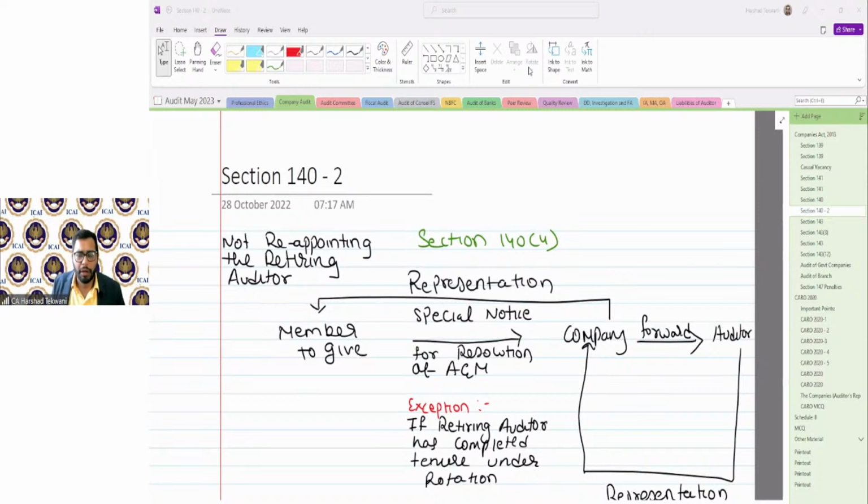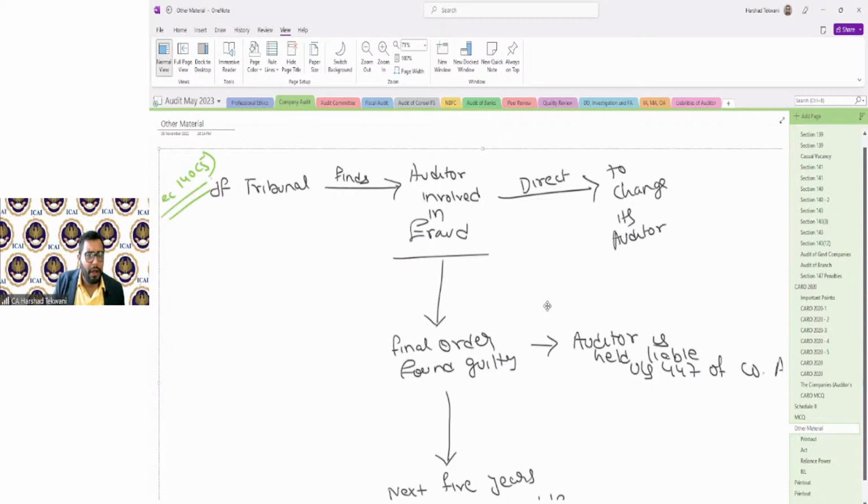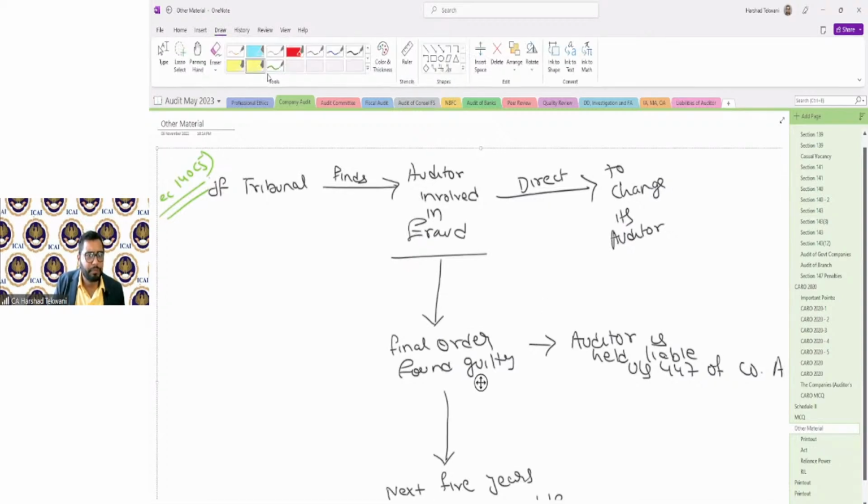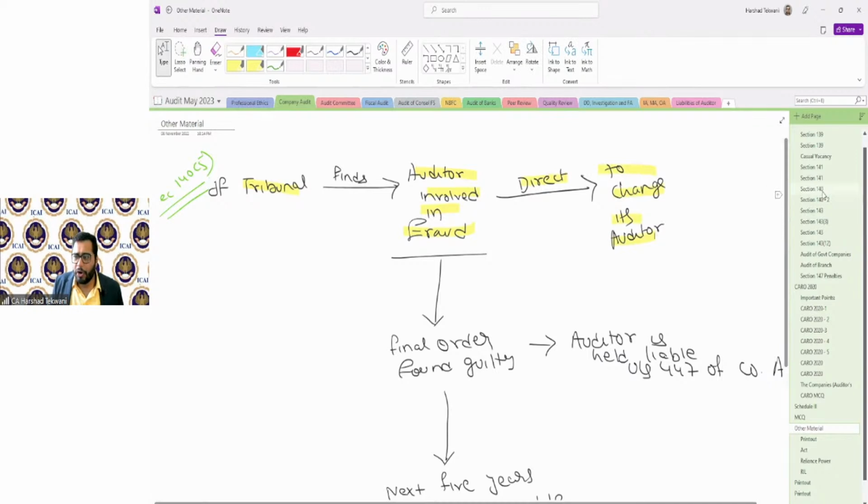Okay, here it is. Section 145, that we discussed: if the tribunal finds that the auditor was involved in the fraud, they can direct that the auditor of the company be changed. Whatever auditor was appointed, they can change the auditor. Okay, that is a preliminary order that can be passed.